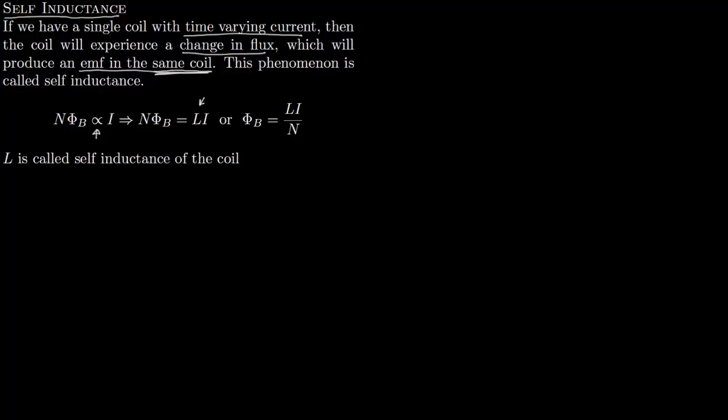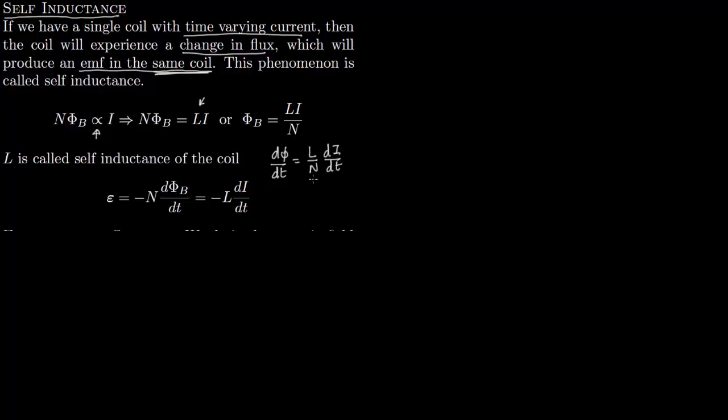Now you use the formula, you know the EMF is given as minus N d phi by dt. So you can see that d phi by dt is equal to L by N di by dt. L is a constant because it is a proportionality constant.